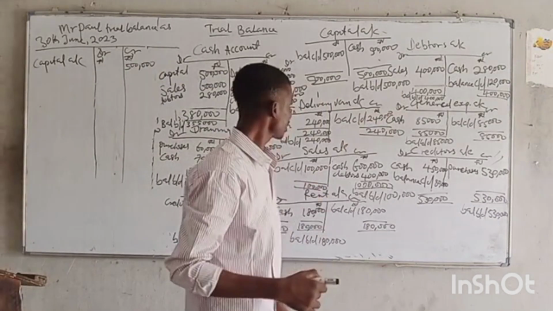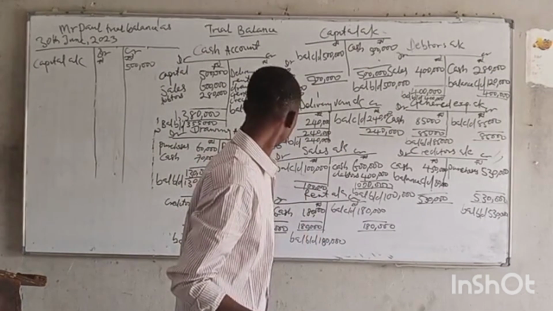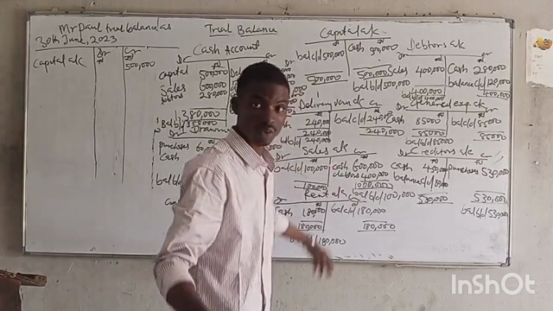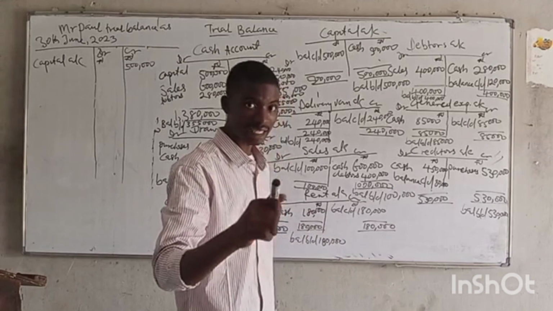Let's check for another transaction that may likely have a credit balance. We have the sales account. Sales account always has a credit balance, so its balance brought down is supposed to come at the credit side.